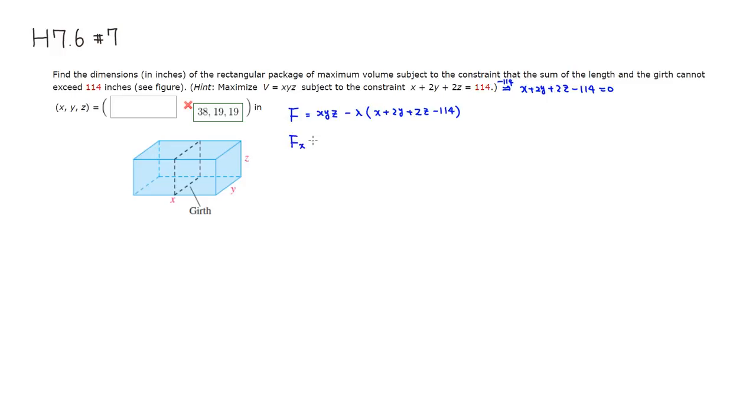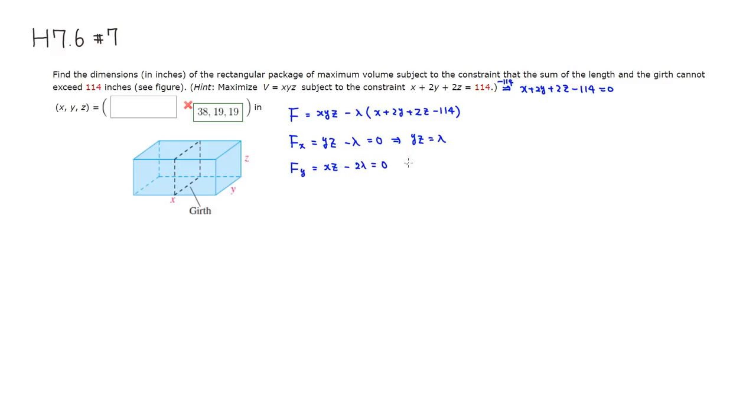So partial with respect to x would be yz, and then negative lambda, and set that equal to 0. This tells you that yz must be lambda. And partial with respect to y would be xz, and minus 2 lambda.